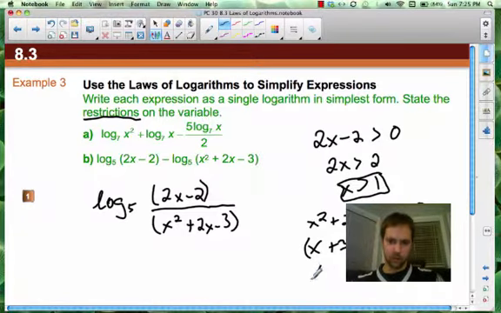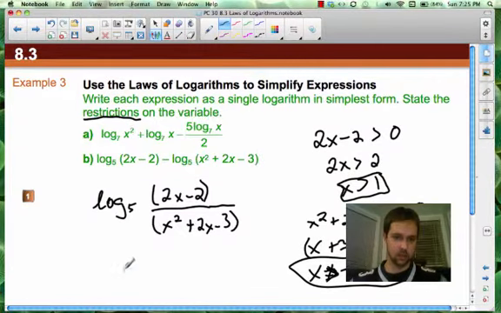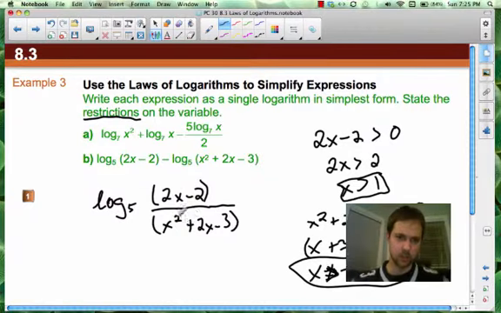So x must be greater than minus 3 and greater than positive 1. Okay, so with all those, x must be greater than 1 in general. And so let's finish up this one here.